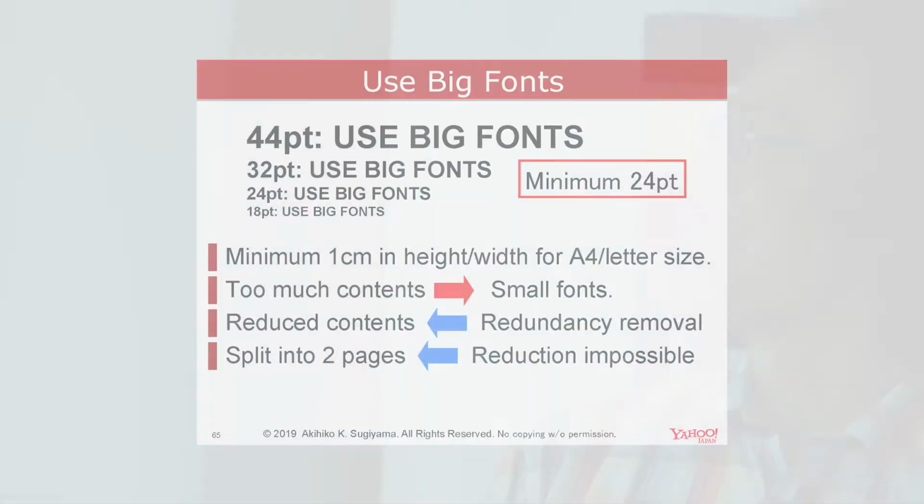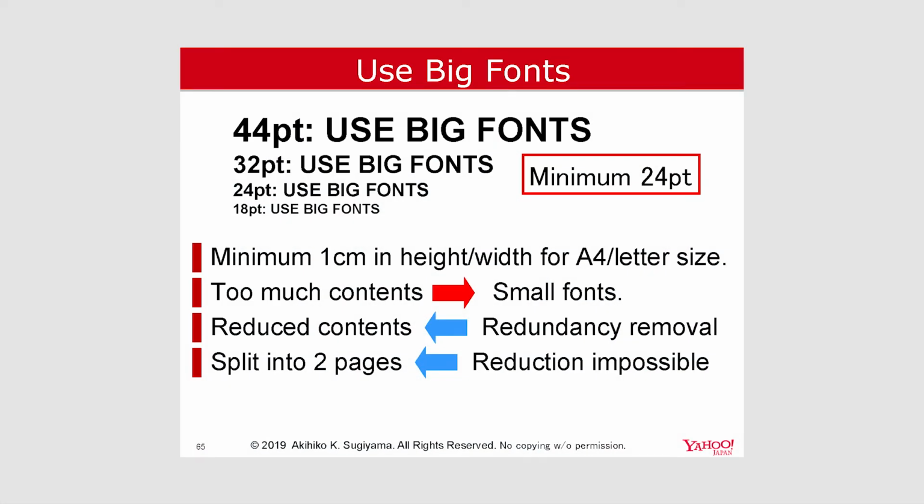Now, use big fonts. I said the minimum size of the font you are supposed to use is 24 point or greater than that, so that it should be visible from a distance, like the last row of the room, especially when the screen is small like this. Sometimes you have a huge screen, but in that case, you may be put in a huge room.